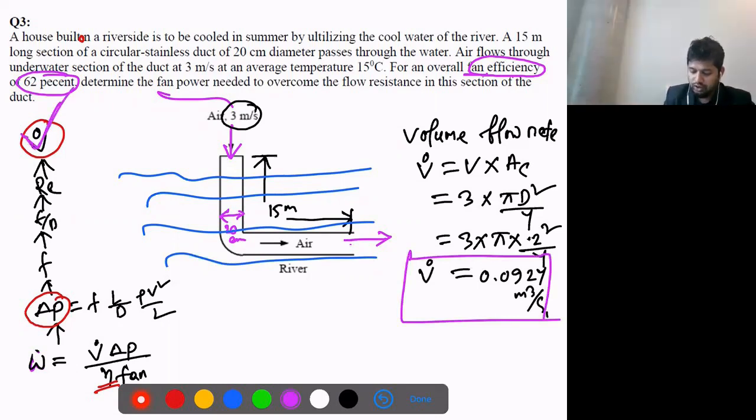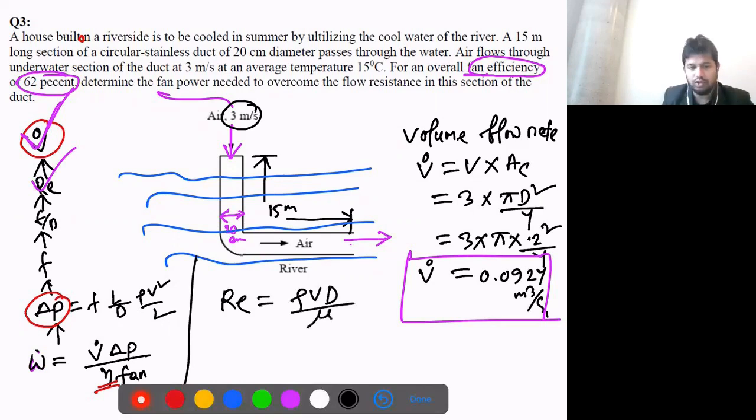Now let's calculate the Reynolds number. The Reynolds number is equal to density times velocity times diameter over viscosity. In this problem it is 15 degrees centigrade, so we'll get the properties here.